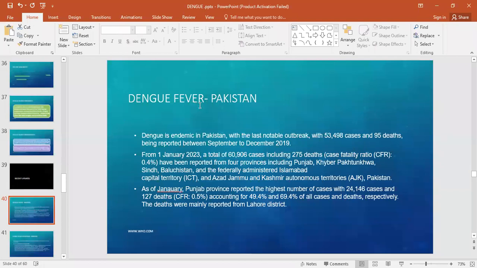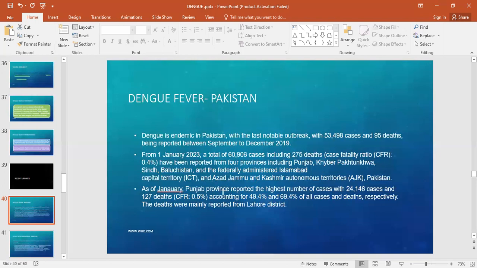What is the situation of dengue fever in Pakistan? Dengue is endemic in Pakistan, with the last notable outbreak of 53,498 cases and 95 deaths reported between September and December 2019. From 1 January 2023, a total of 60,906 cases including 275 deaths, a case fatality ratio of almost 0.4, have been reported from 4 provinces including Punjab, Khyber Pakhtunkhwa, Sindh, Balochistan, and federally administered Islamabad and Azad Jammu Kashmir.